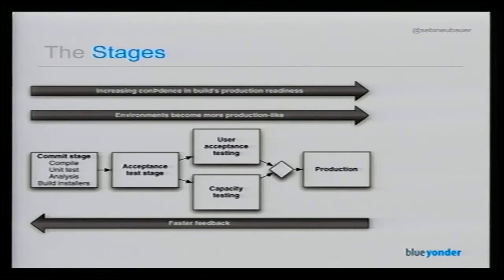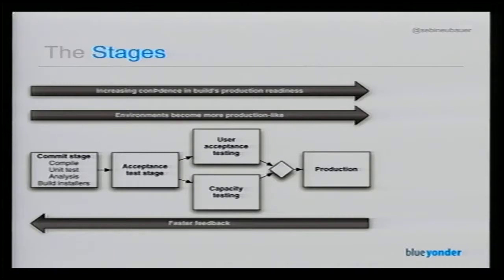It doesn't have to be that it's really all stages. We call them stages, those jump and run levels, and they have to be streamlined. They can also be executed in parallel. But the important thing is that naturally we want to increase our confidence in that change until it hits production.